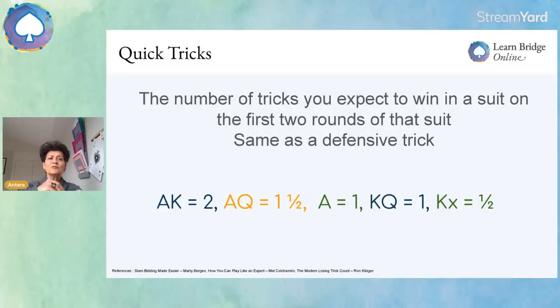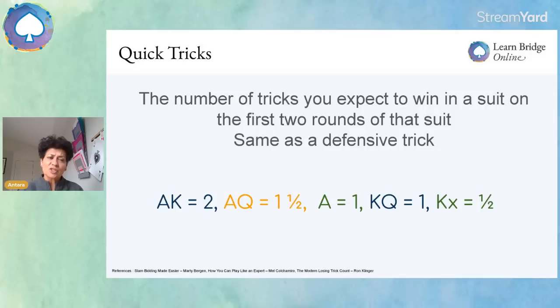The number of tricks you expect to win in a suit, in any particular suit, on the first 2 rounds of that suit are quick tricks.